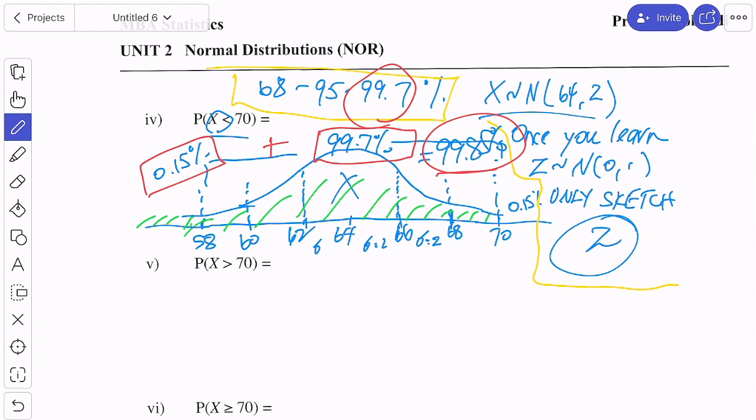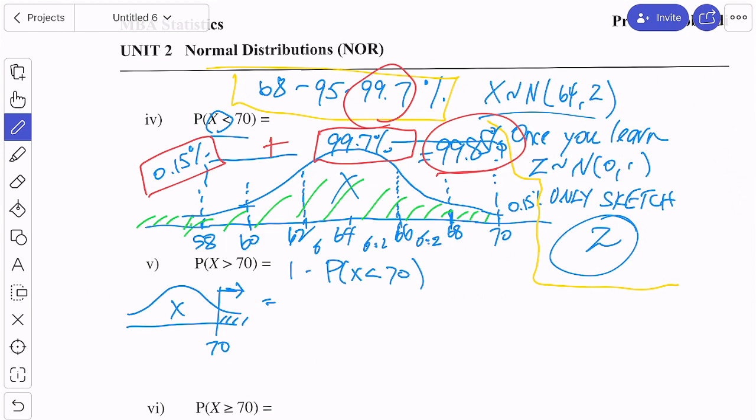Just quickly looking at the next few just for the answers. This next one will be 1 minus the complement, or the opposite. If I want to get greater than 70, I've got to go this way.